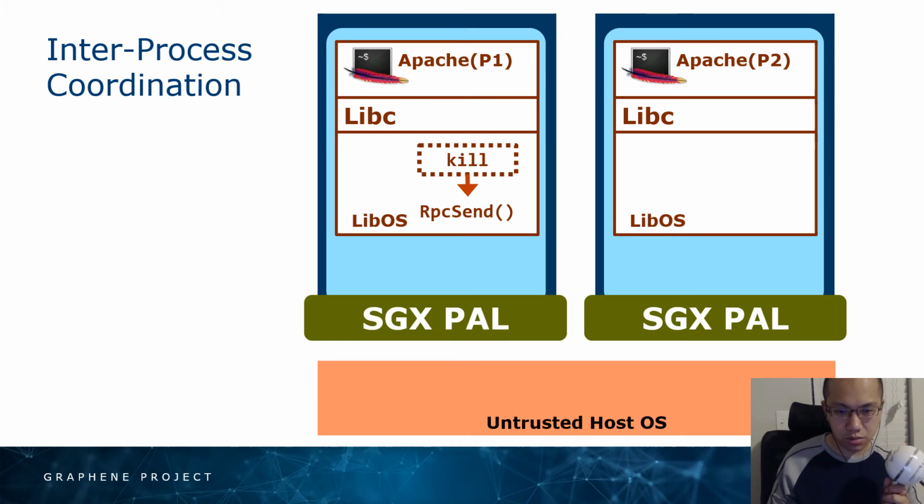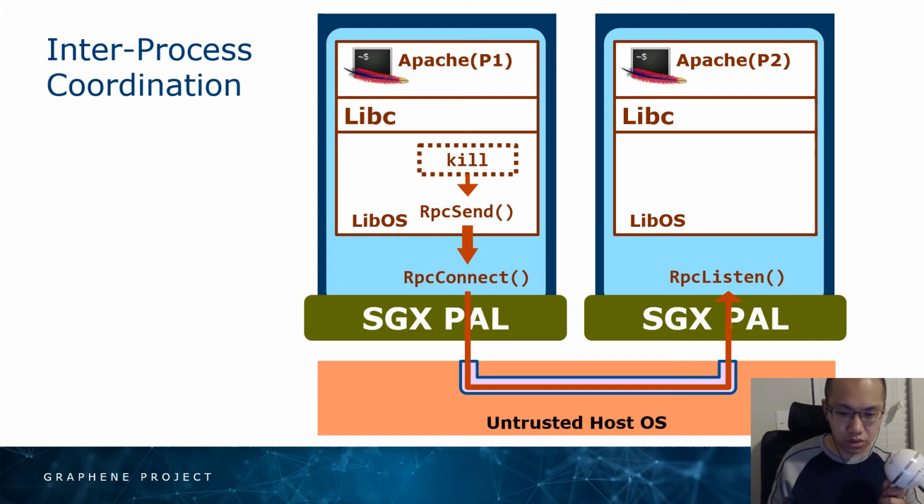In this case, the kill system call will be implemented by the library OS using the PAL calls for sending remote procedure calls. Once the remote procedure call is connected and sent, it will be sent through the pipe in the untrusted host operating system and be received by another enclave using the SGX PAL.